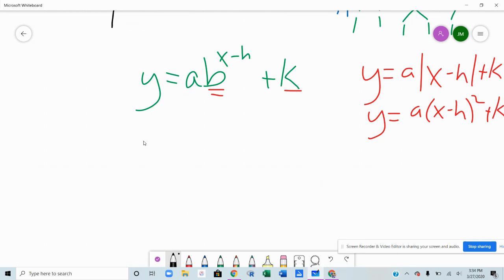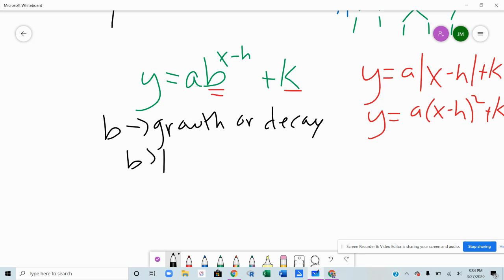So B tells you if it's growth or decay. Remember that if B is greater than 1, it is growth. So if you have 2 to the x or 5 to the x, that's going to be growth. If your B value, however, is between 0 and 1, so you have a B value like 1/2 to the power of x or 0.7 to the power of x, that is going to be a decay.